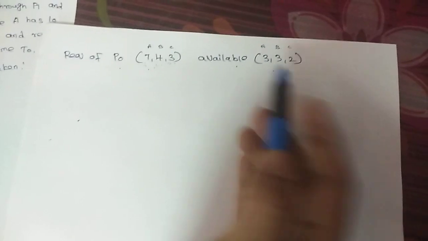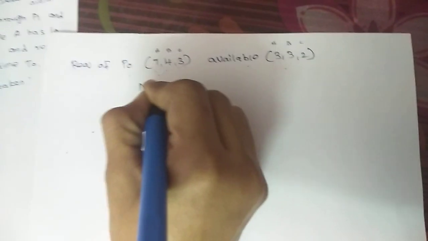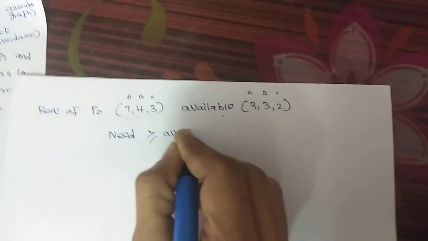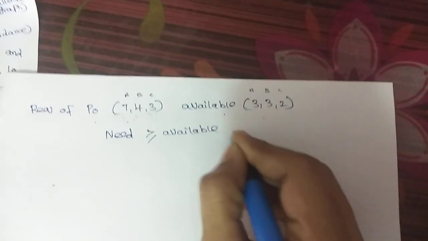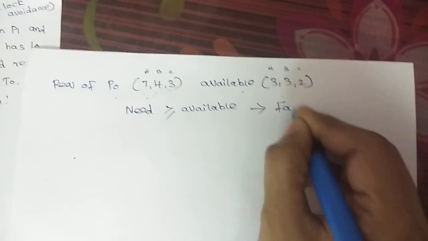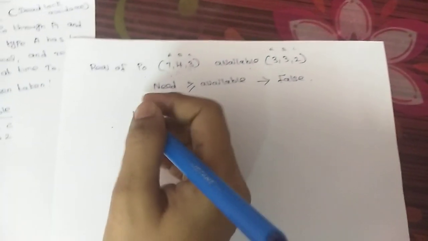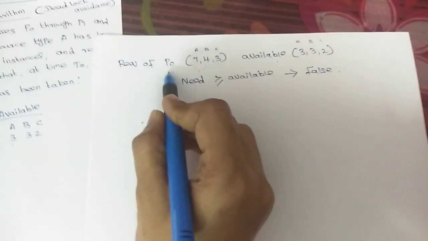Now we are going to check 7, 4, 3 with 3, 3, 2. The need is greater than the available, so the algorithm tends to false. We are not going to grant this need. So for this process P0, the algorithm tends to be false.